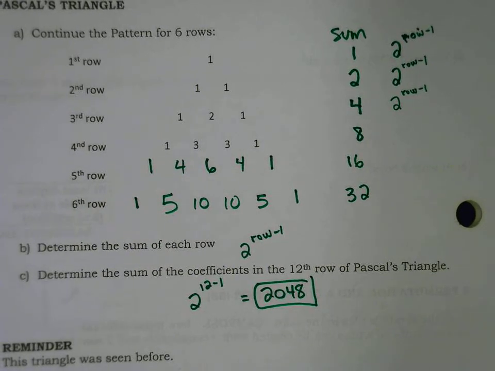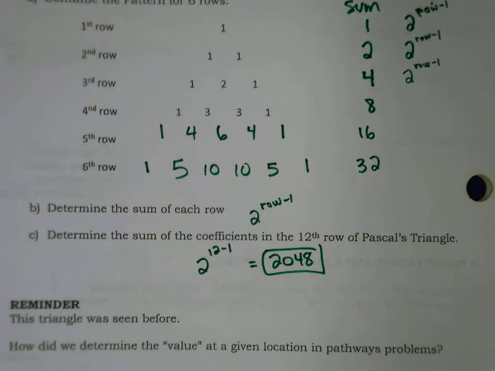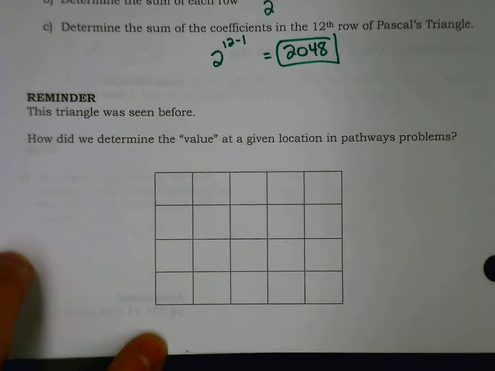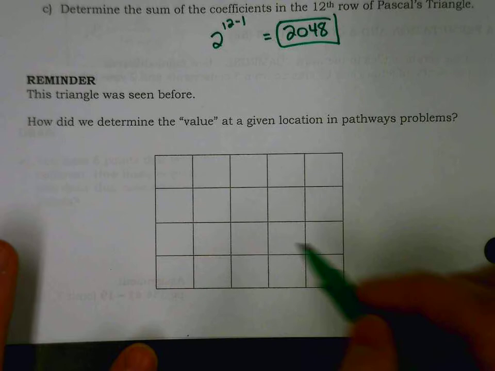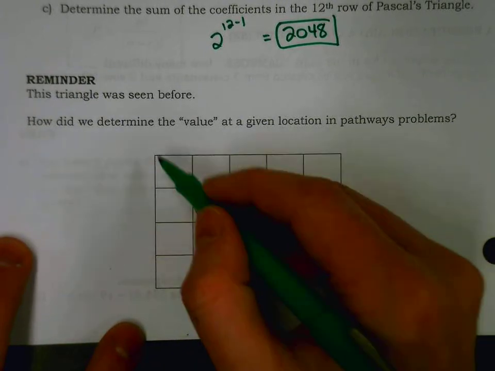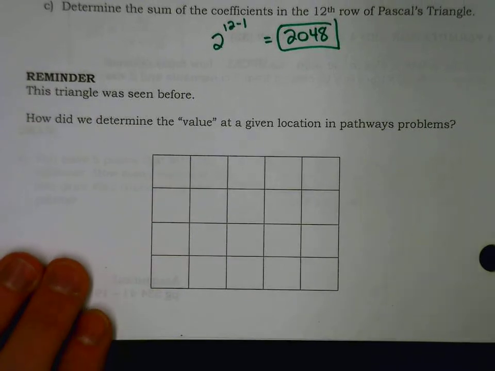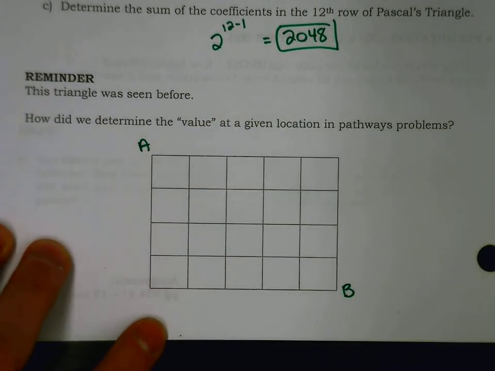Amongst other patterns, Pascal's triangle can actually be created in a slightly different way that we've seen before. When we examined pathways questions, we had not just talked about the number of rows and columns generating our answer. We actually examined these pathways problems by looking at maybe from an A to a B using a counting method.